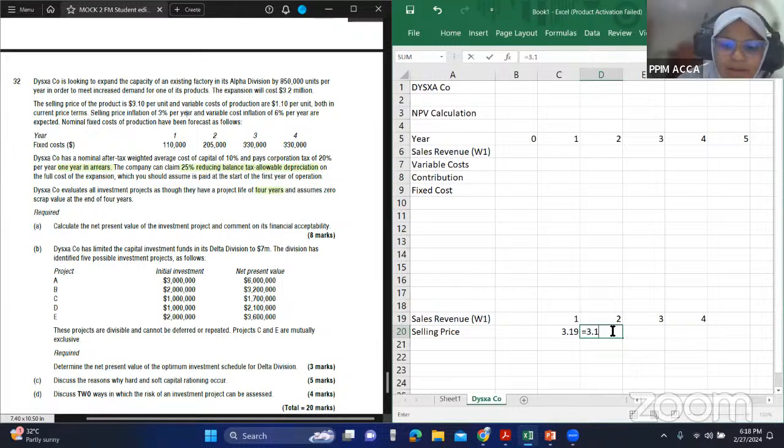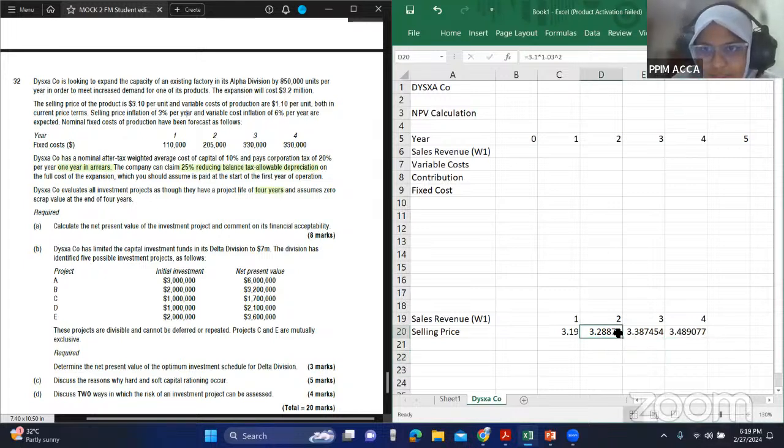The 3.1, same year naught figure, but this time we have to inflate it for 2 years. So that will be into 1.03 to the power 2. Okay, so same thing for year 3, 3.1 into 1.03 to the power 3. And here it will be 3.1 into 1.03 to the power 4.